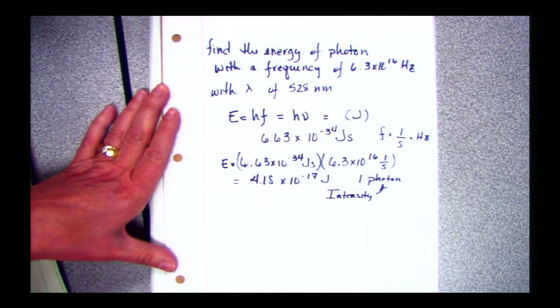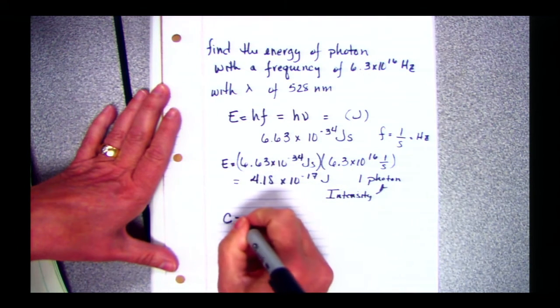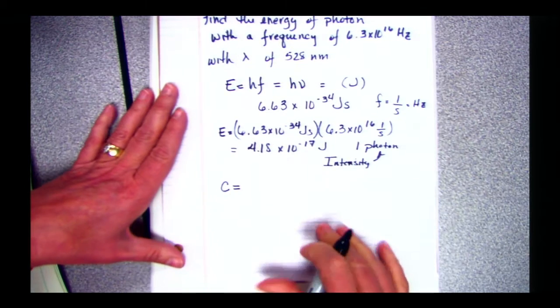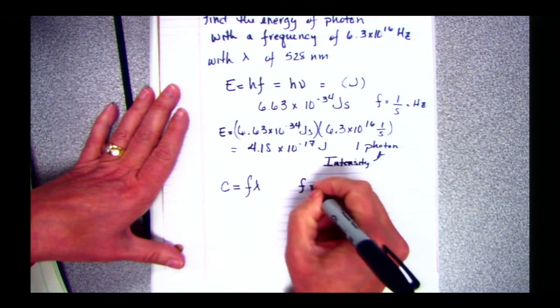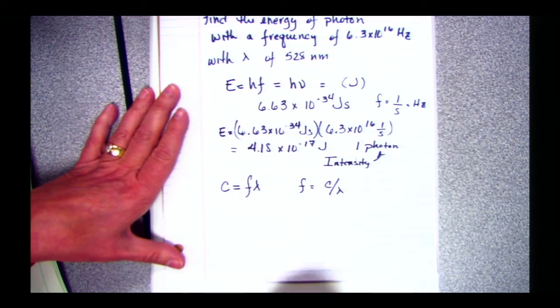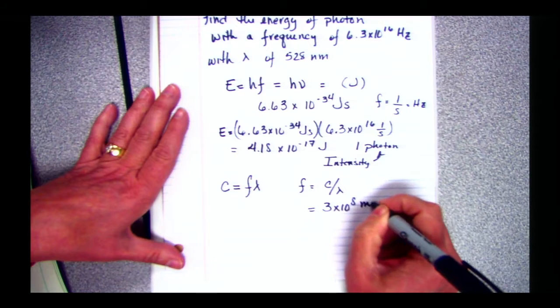So if I want to do the next one where I'm given the wavelength, remember that the speed of light is equal to the frequency times the wavelength. So to find frequency, I'm just going to take the speed of light divided by the wavelength. That's going to be 3 times 10 to the 8 meters per second divided by the wavelength, which is 528 times 10 to the minus 9 meters, because that's nanometers.